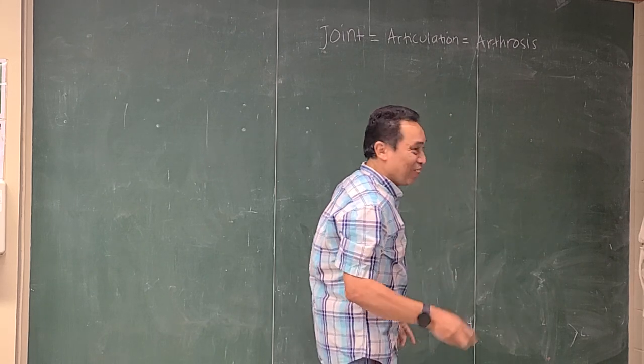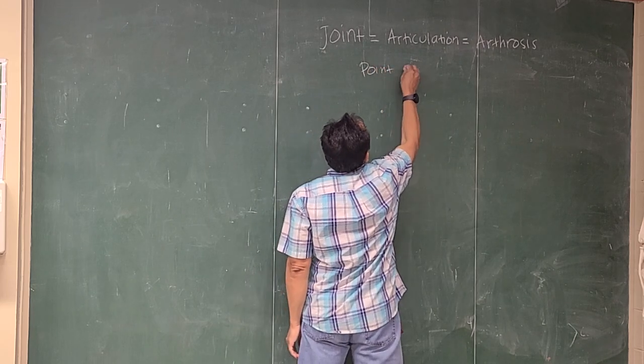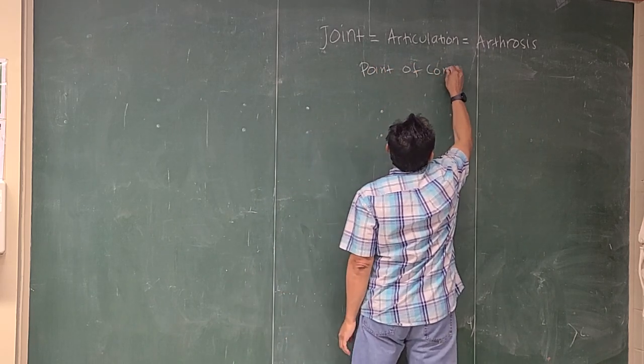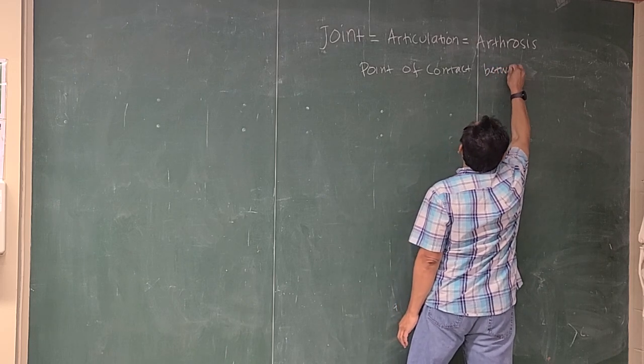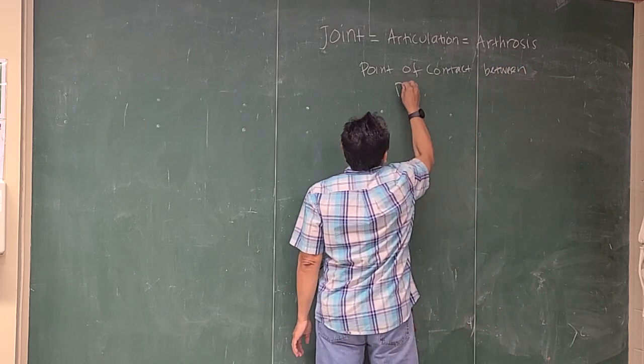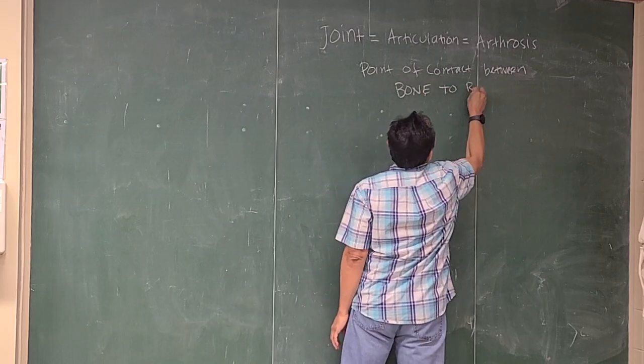What is a joint? A joint is actually a point of contact between bone to bone. That's it.